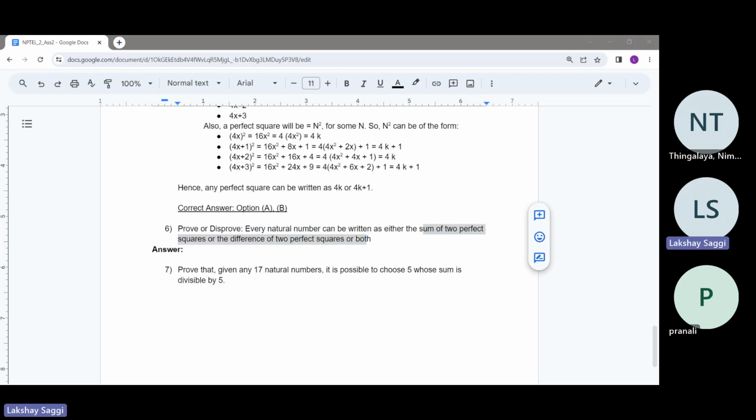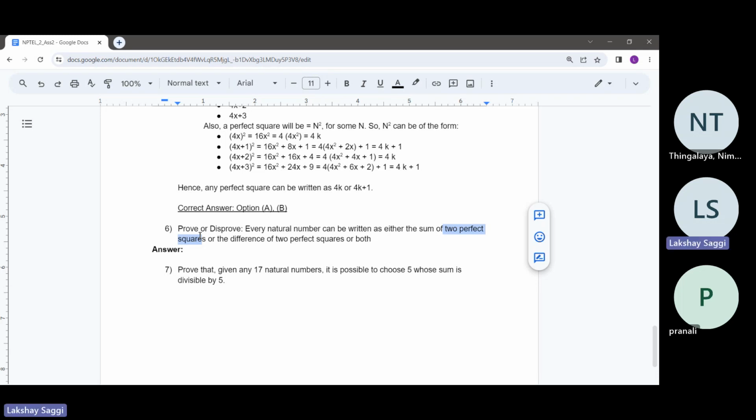If instead of this question, the question was, let's say, there exists a natural number which can be written as either the sum of two perfect squares or the difference or both, then it's very easy to do, because we can just take two numbers, let's say 2 and 3, and take the sum of their perfect squares, which is 2 square plus 3 square, equal to 13.